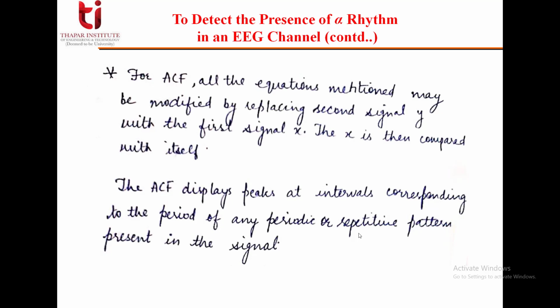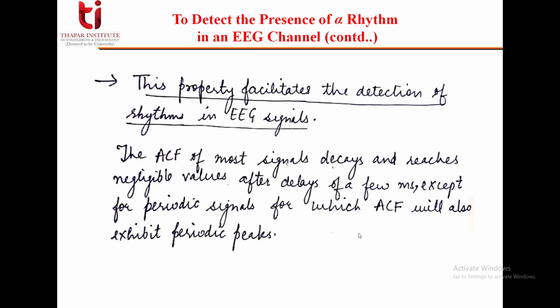That is the autocorrelation function. It displays peaks at intervals corresponding to the period of any periodic or repetitive pattern present in the signal. This property facilitates the detection of rhythms in EEG signals. Either we can go for cross correlation or autocorrelation.